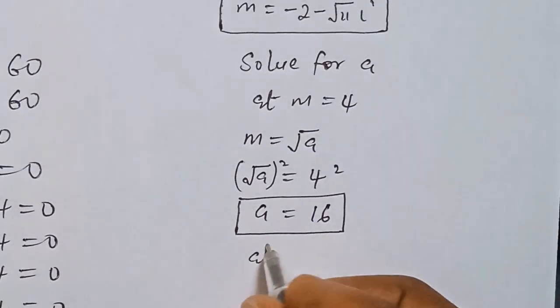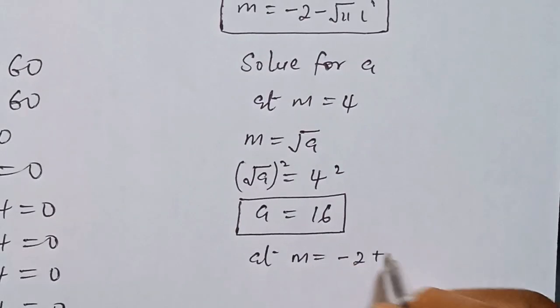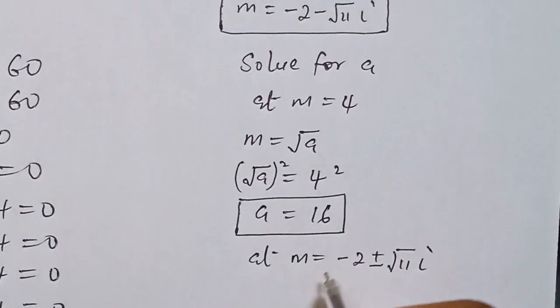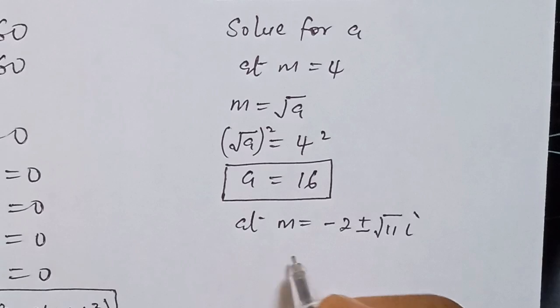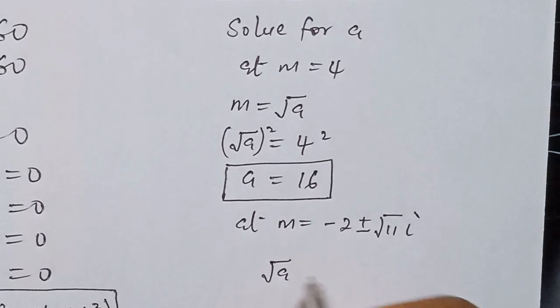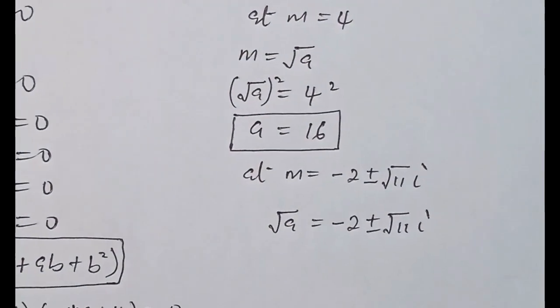So at m equals -2 ± √11 i, what will be the value of a? This means that √a will be equal to -2 ± √11 i.